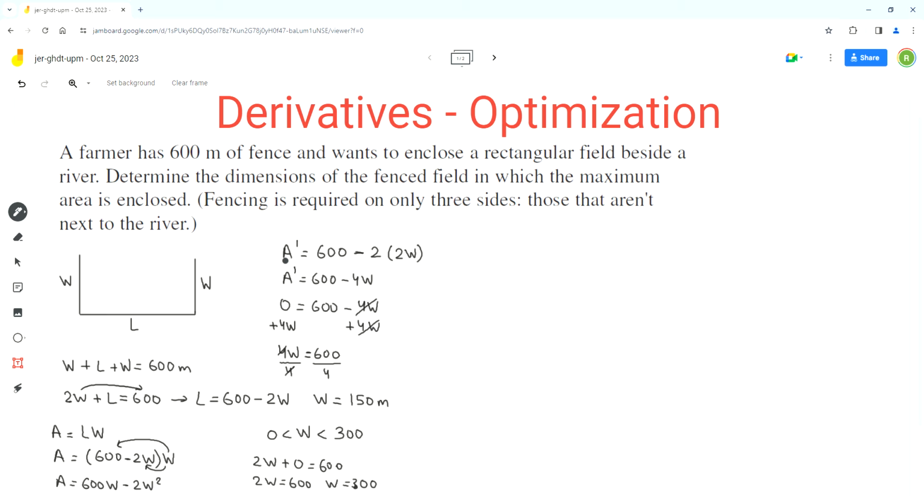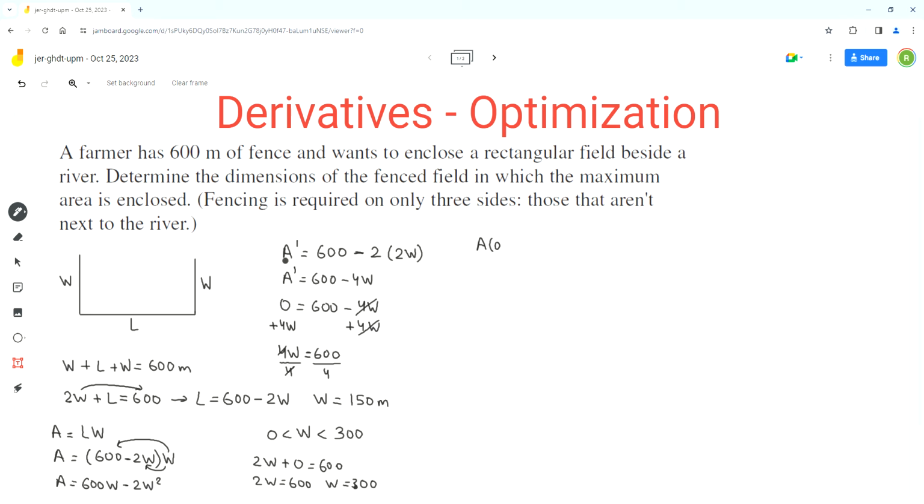So we have to find the value of this area at 3 W values, at W equals 0, W equals 150 and W equals 300 to test where we get the maximum value of area. So let's start with W equals 0.